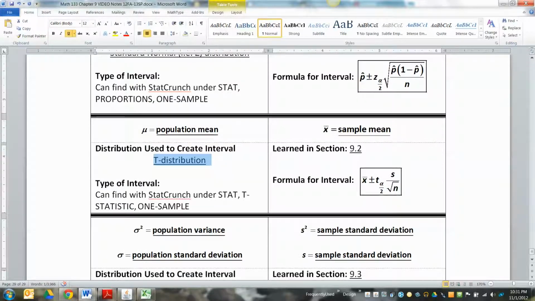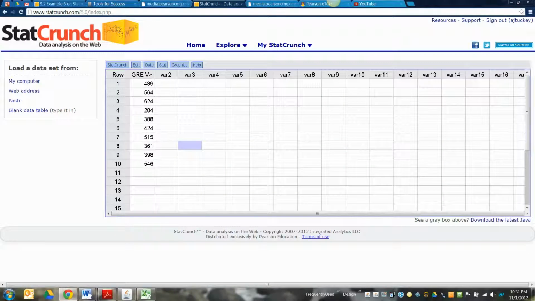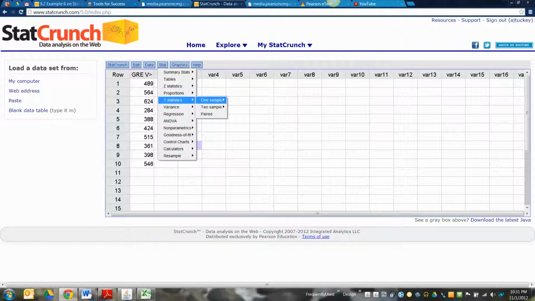The formula for that interval is right over here, x bar plus or minus t. You can see it uses a t. That's the t distribution. Now under StatCrunch, we get that one with T Statistics, One Sample. And again, you have this choice of data or summary. It depends. If they gave you raw data, like we do with this GRE stuff right here, then you'd use data. If you didn't have raw data, you'd choose summary.